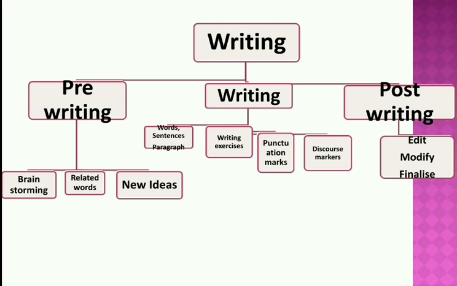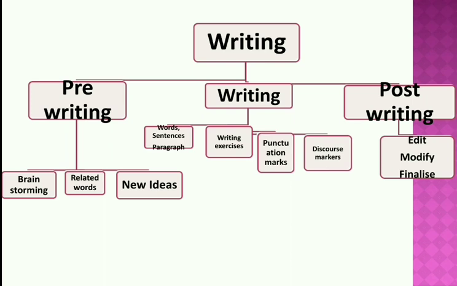In the pre-writing stage, various kinds of preparation for writing are done, like collection of words and collection of ideas by the teacher in the classroom. Then in the actual writing stage, the words and sentences are arranged to form a paragraph.